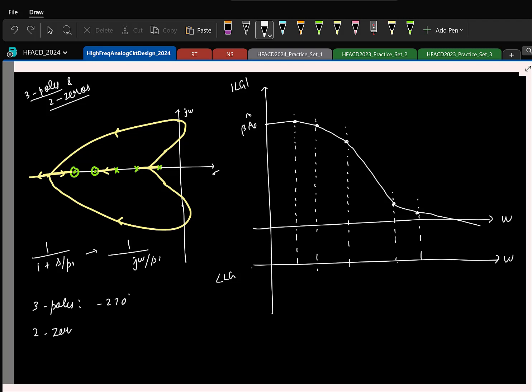But I also have 2 zeros. What will be the phase added by the 2 zeros? It will be plus 90. No, 1 zero is 90, 2 zeros? 180. So finally it will tend to minus 90. It will start from 0. It will try to go to minus 270. And then the zeros will add 180 degree phase shift. And as omega tends to infinity, this will be the phase. Fine. So let me sketch it qualitatively. This is minus 90.